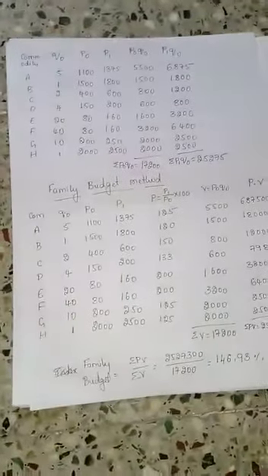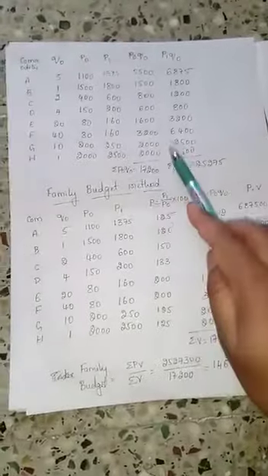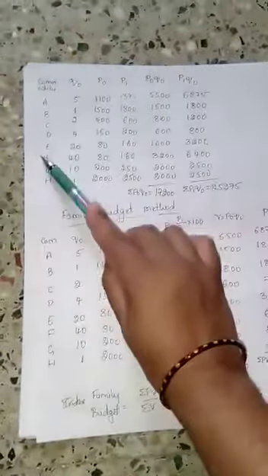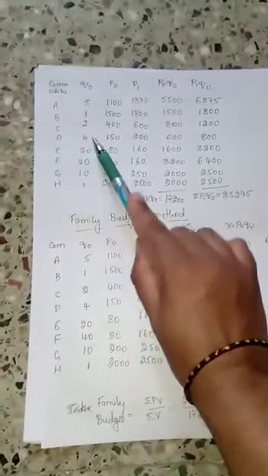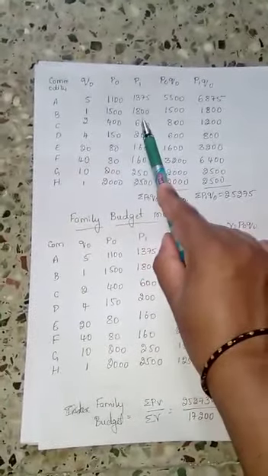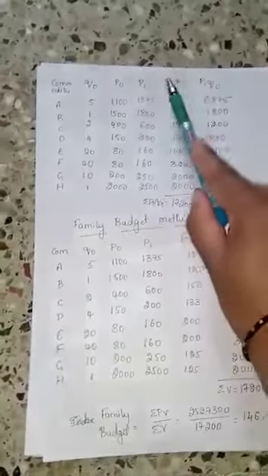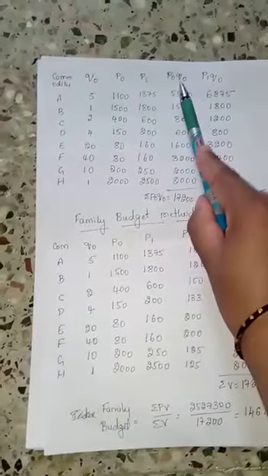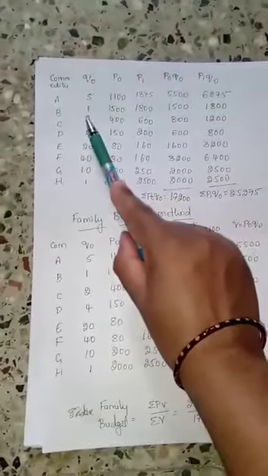Firstly, we have to calculate the aggregate expenditure method. The commodities, quantity of base year, price of base year and price of current year are given. We have to calculate the value, that is P0 Q0, by multiplying P0 and Q0 values.